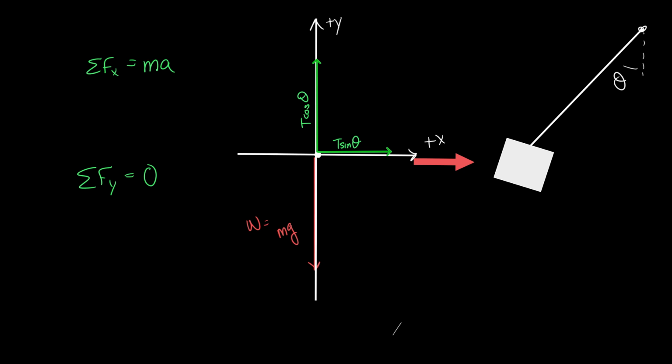In the x direction, how many forces do I have? 1. T sine theta equals ma. In the y direction, how many forces do I have? T cosine theta minus weight equals 0.